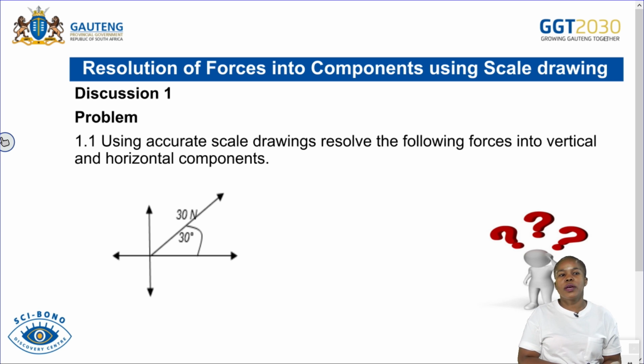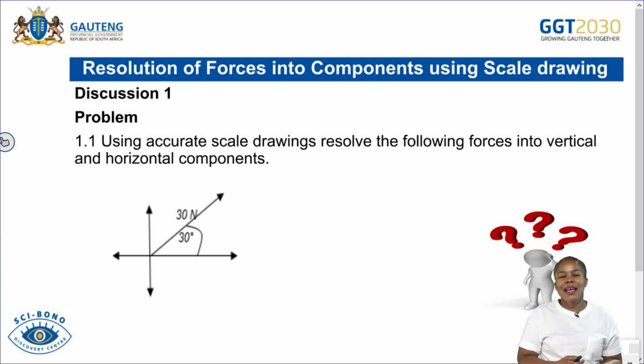We're given 30 newtons acting in the northeasterly direction. Because 30 newtons is too big, this vector is very big to be drawn in an exercise book, so you're required to use a scale so that we draw a smaller version of this 30 newton vector.